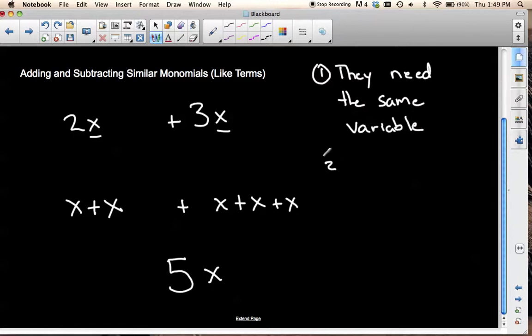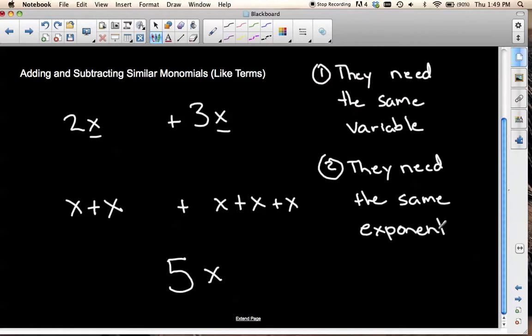And the other rule is they need the same exponent. These are the main rules for adding and subtracting monomials.